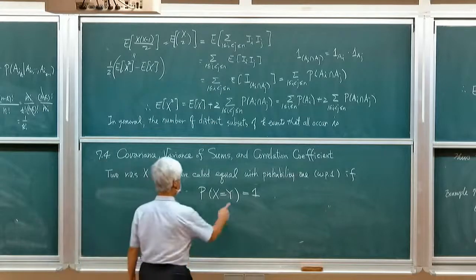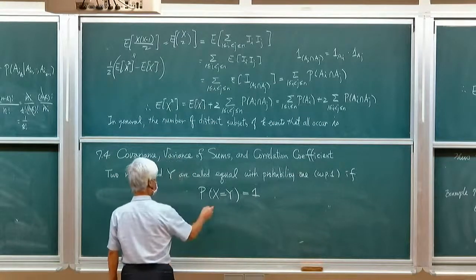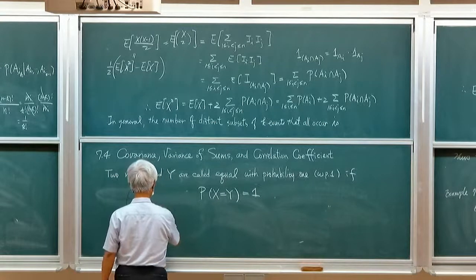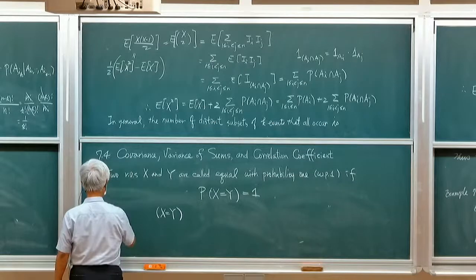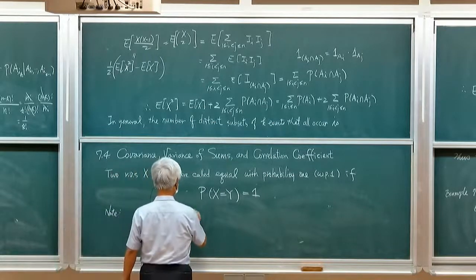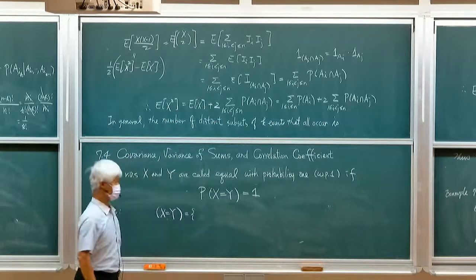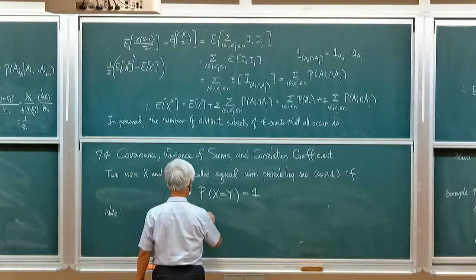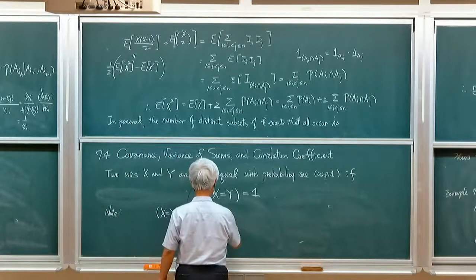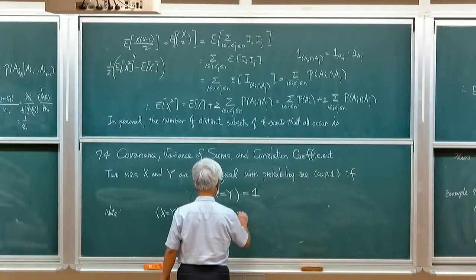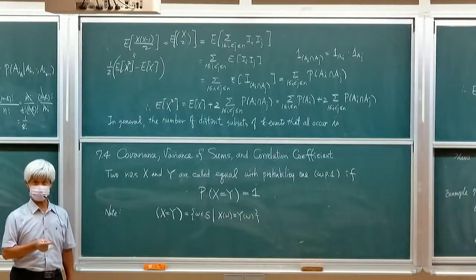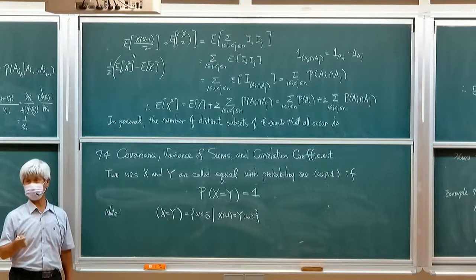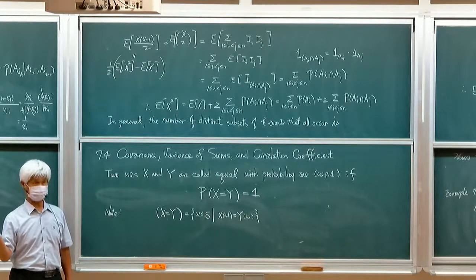So what is that event? That is the event x equals y. Don't forget, it's a subset of the sample space such that the two functions x and y, remember, a random variable is a function from the sample space to the set of all real numbers.